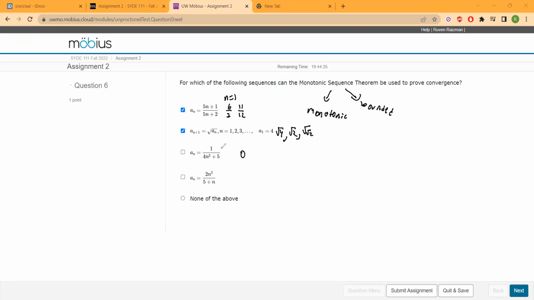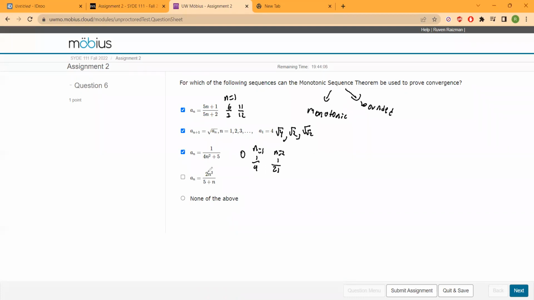Finally, I think it is monotonic. It's always going to be decreasing, and we can check that. If n is equal to 1, it's going to be 1 over 9. If n is equal to 2, it's going to be 1 over 21, which is decreasing. So we should be able to use the monotonic sequence theorem here as well.